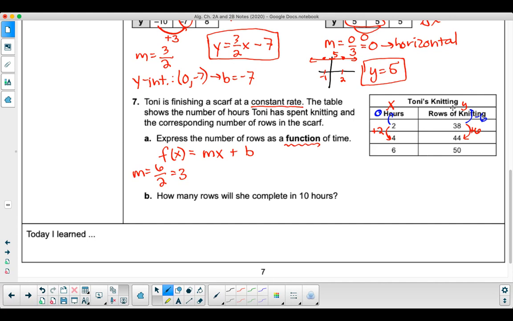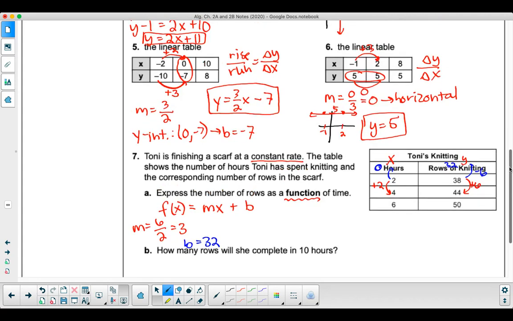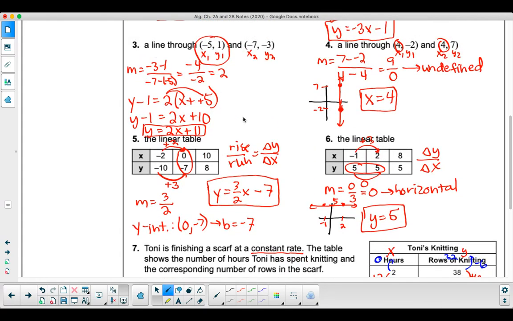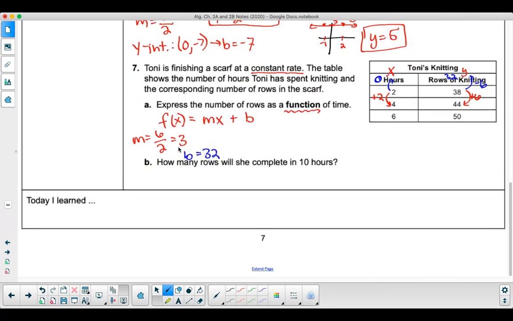So at 0 hours, she would have had 32 rows of knitting. So that's one way you could find b. Another way you could have done it was by using the point slope form like we did up here in this previous example in number 3. All right, so b is 32, slope is 3.